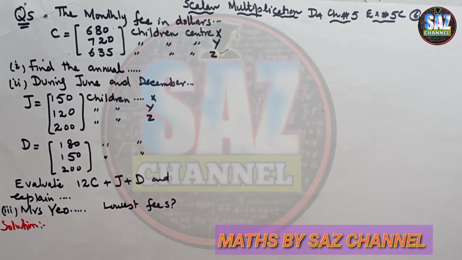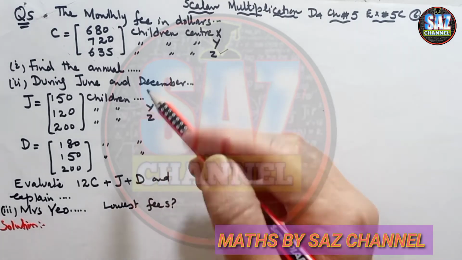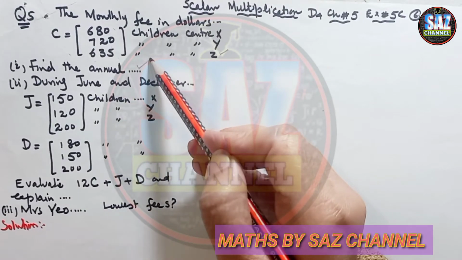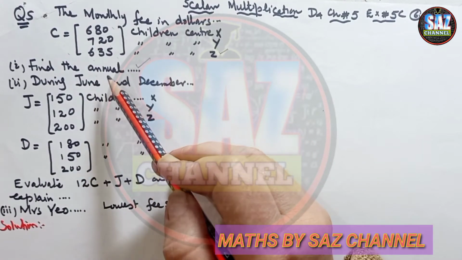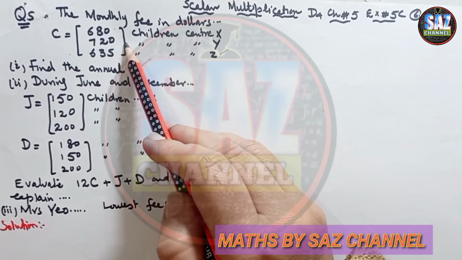First requirement of the question is to find the annual fee in dollars charged by each of the three children's centers. Give your answer in matrix form.